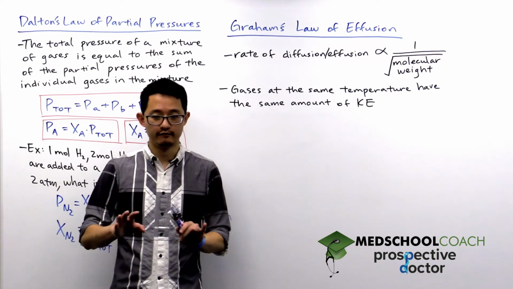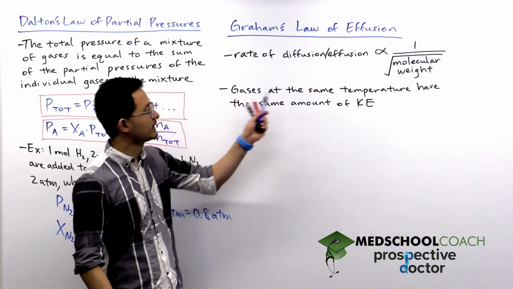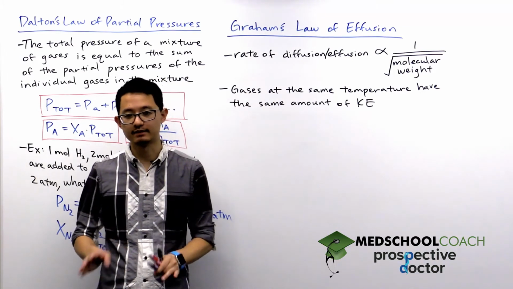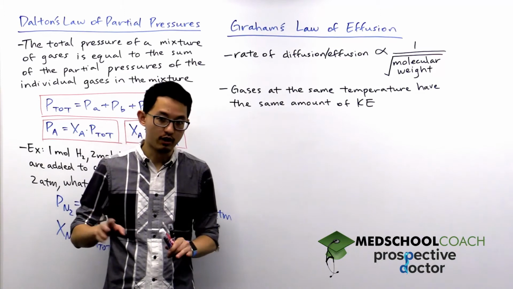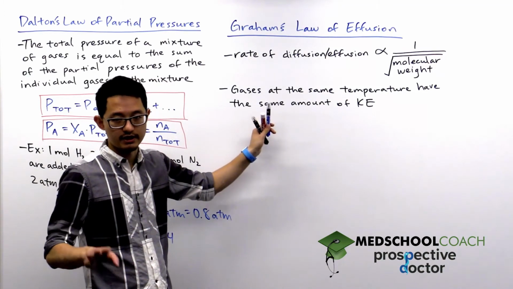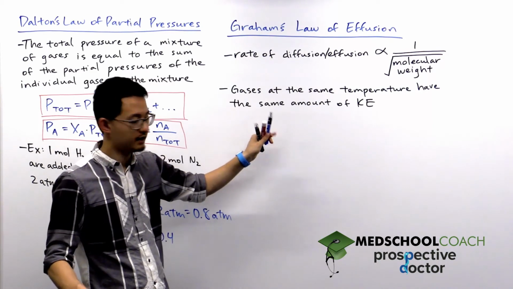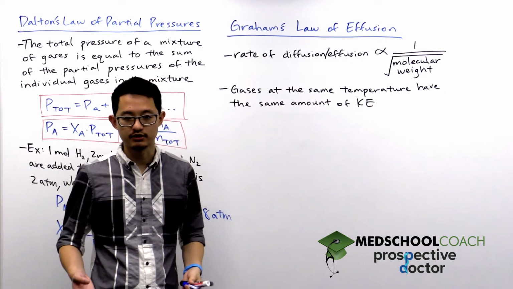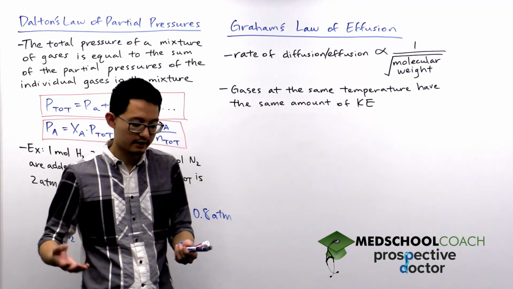Now, very important, this relationship only applies if you have gas particles at the same temperature, and we're going to explain why. So if you recall, temperature measures the average kinetic energy of the molecules in the system. So if you have gas molecules at the same temperature, then by definition, they also have the same kinetic energy.